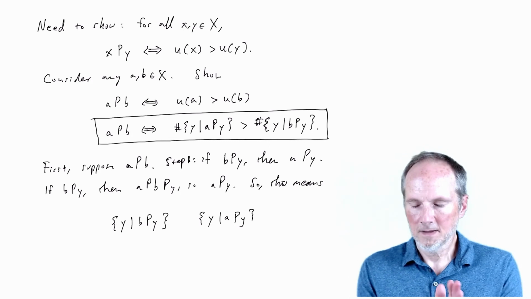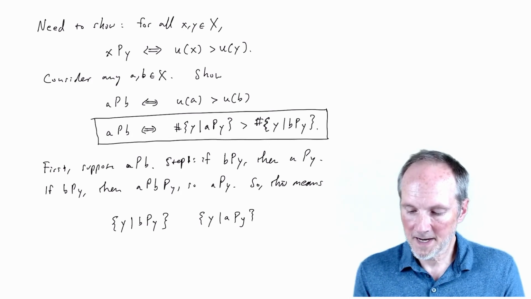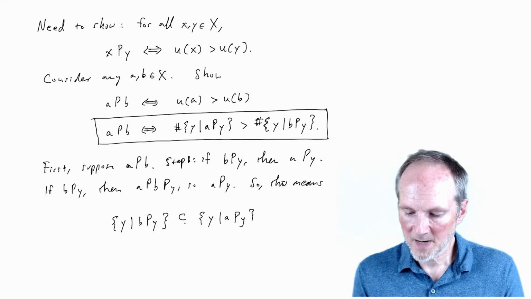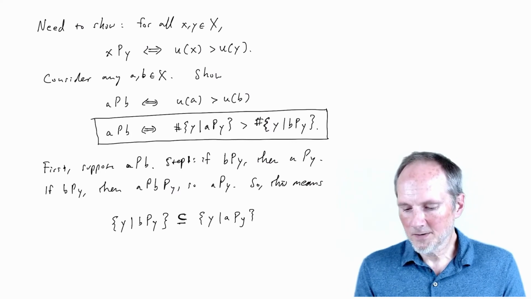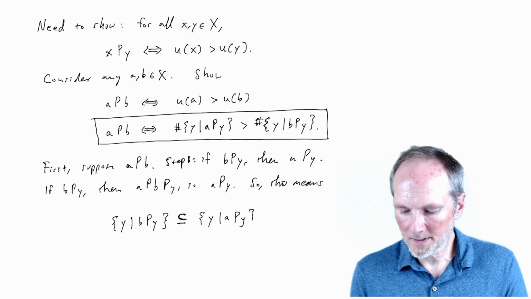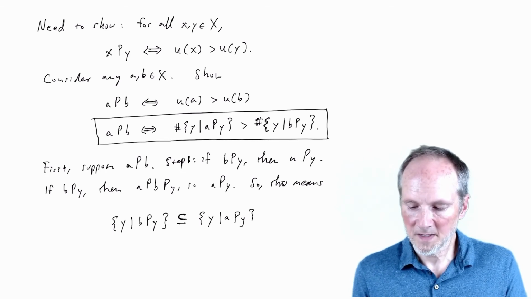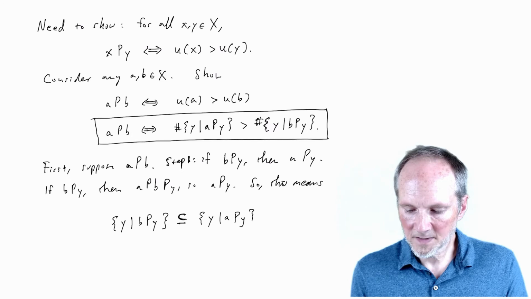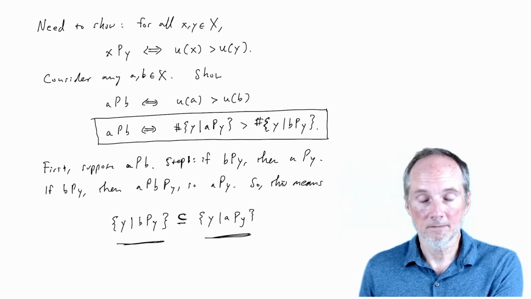Any Y that's worse than B is also worse than A. And the way we describe that is with this notation here that's a little bit like a curvy inequality, but this just means all the elements of the set on the left are contained in the set on the right, okay?